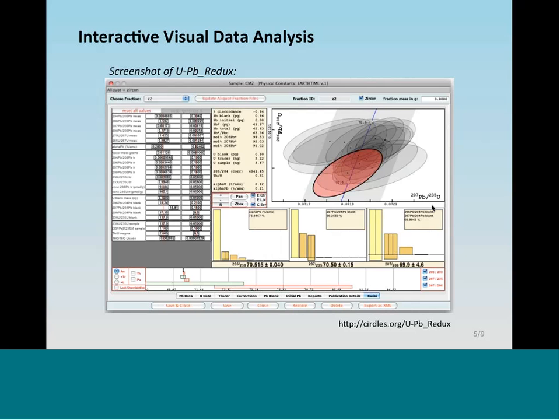One of the really convincing and very effective demonstrations of this, I think, was presented by Jim Bowring of the University of Charleston. And this is a screenshot from software that he's been involved with developing, not him alone, but he's the one who presented at the meeting, called Uranium-Lead Redux. Essentially, this is a software package that's designed to carry out data reduction of uranium-lead isotope analyses.